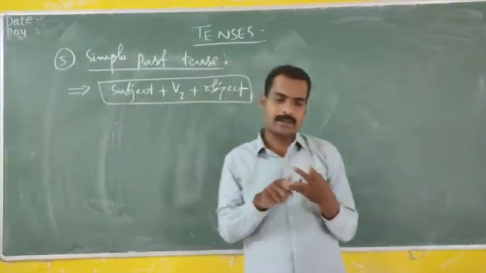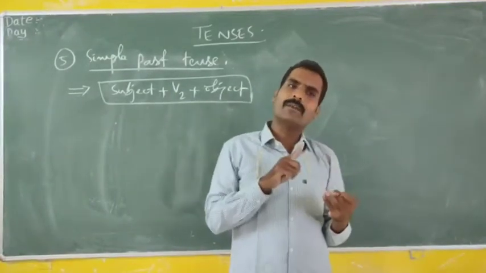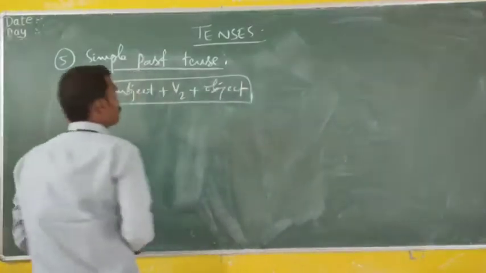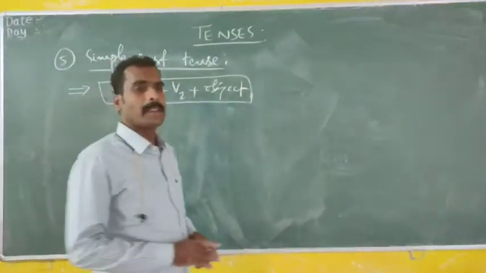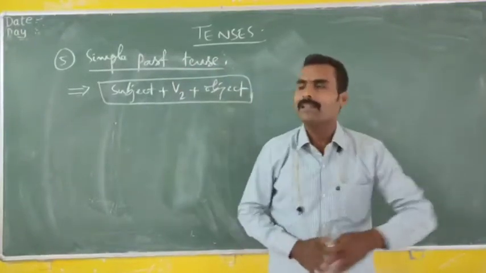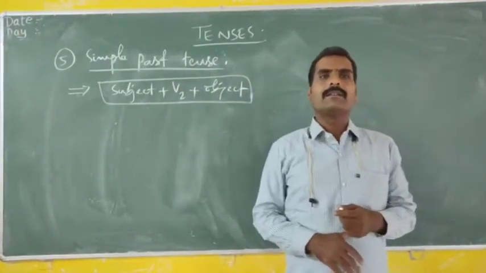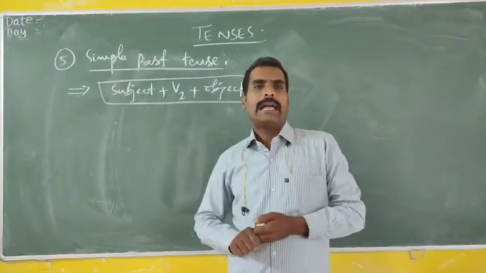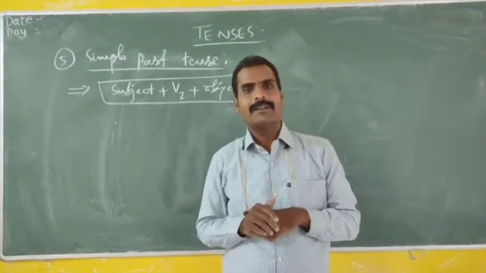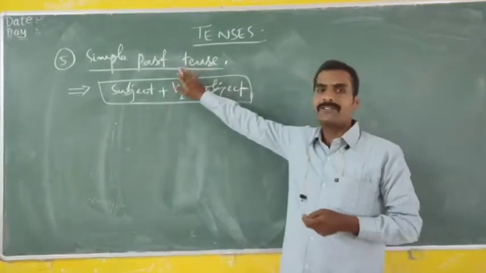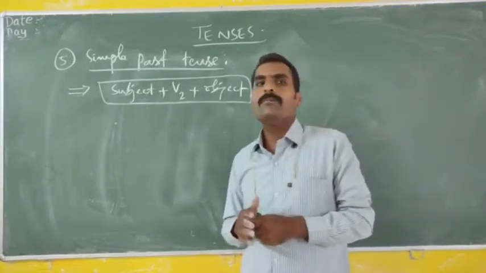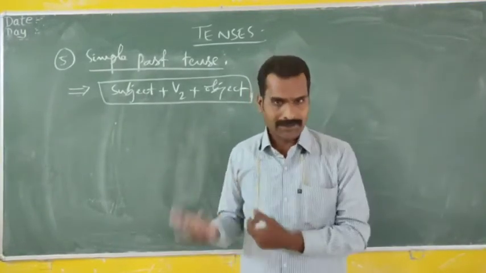Rang is the verb second form. We use this simple past tense simply to say completed actions in the past.